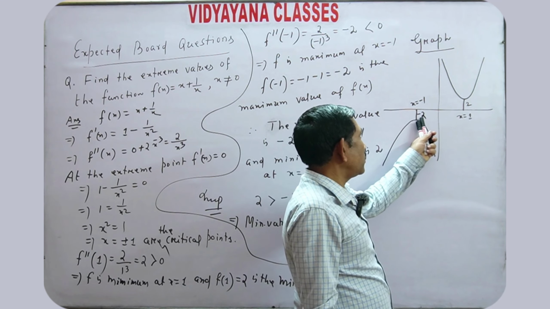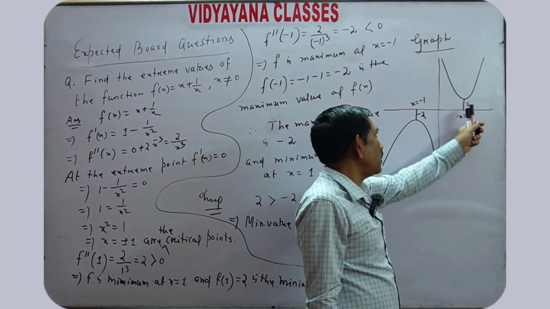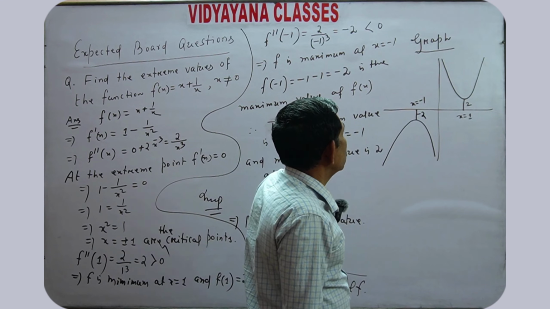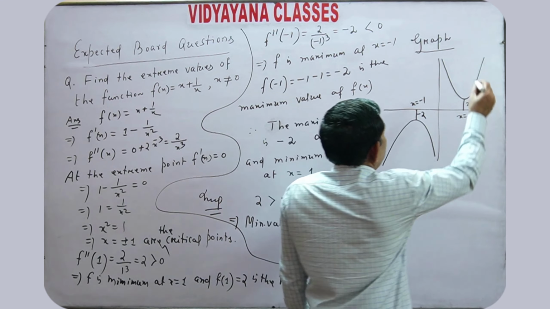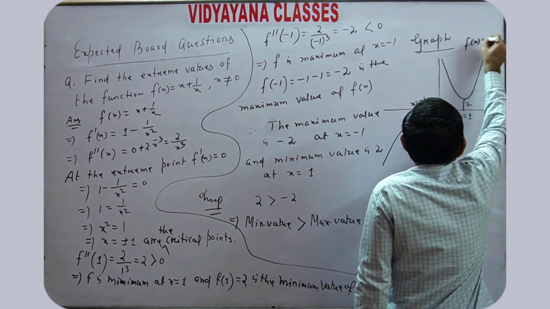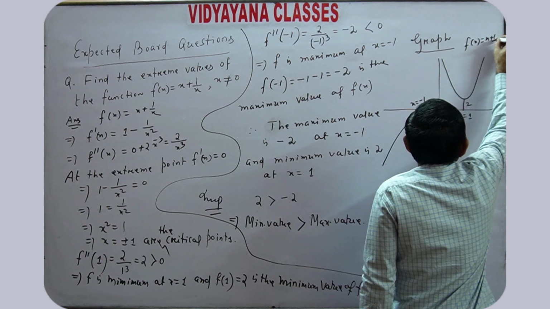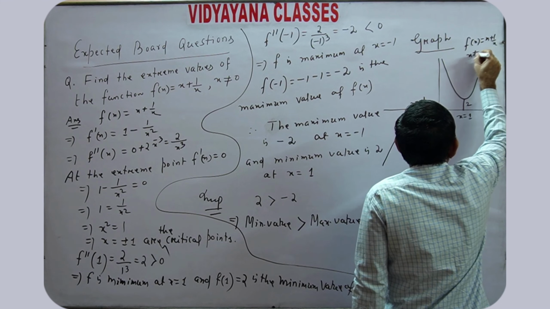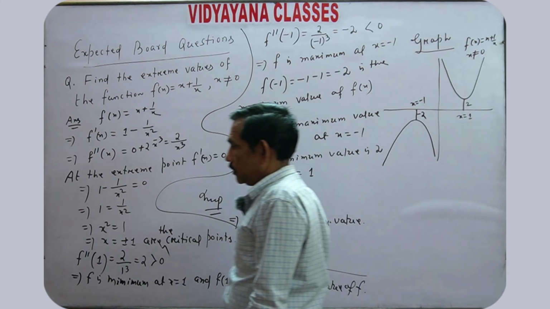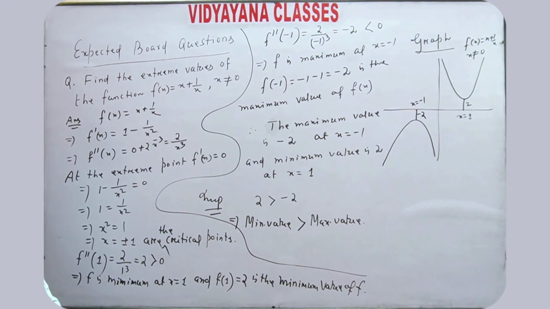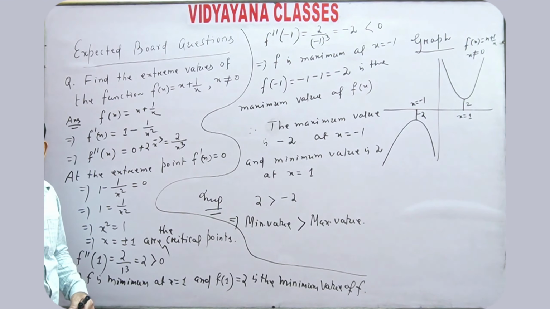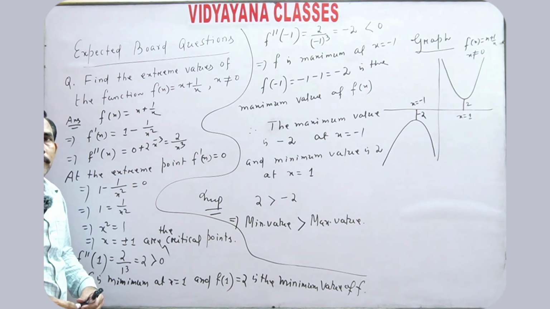So it is the greatest value and 2 is the least value. Clear? f(x) is equal to x plus 1 by x, x not equal to 0. Clear?